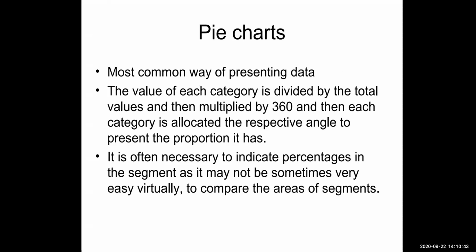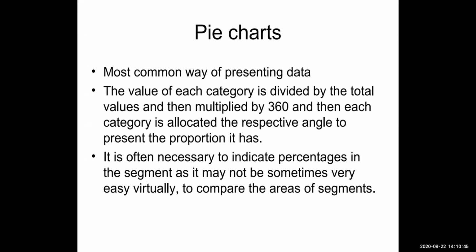Next, we have the most common way of presenting data, and that is the pie chart. Here, the value of each category is divided by the total value and then multiplied by 360, and then each category is allocated the respective angle to present the proportion it has.